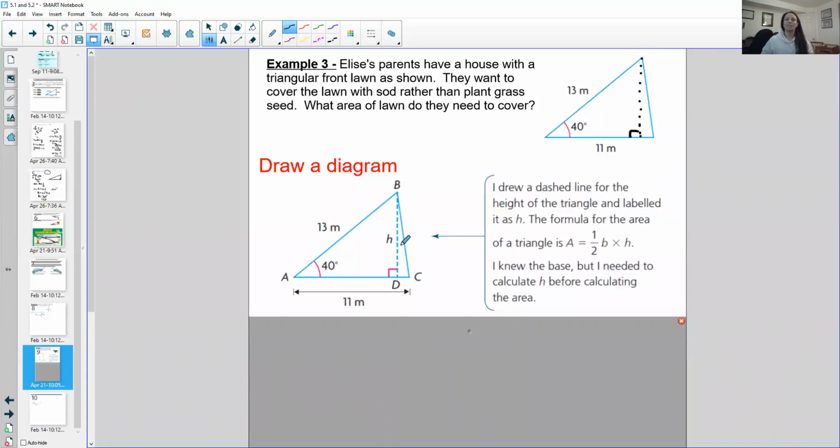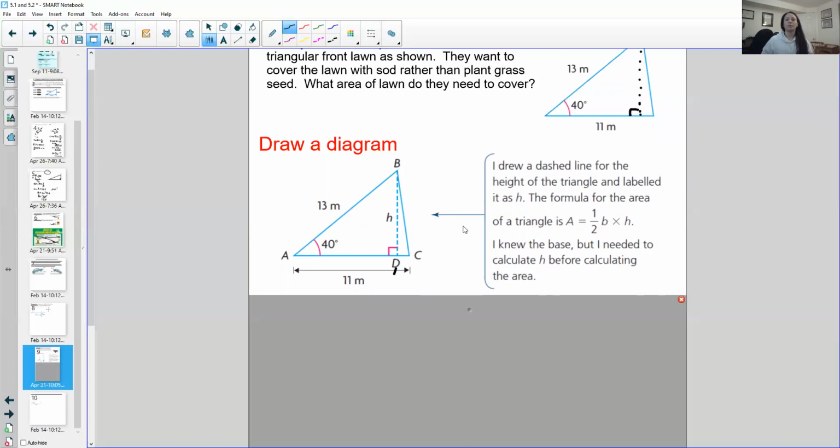We've dropped this dashed line down. And now we've got a right angle triangle, which we can solve using our trig ratios. So now we're looking at A, D, and B to create our triangle, and it's a right angle triangle. The reason that we do this is hopefully it will help us find the areas of both.